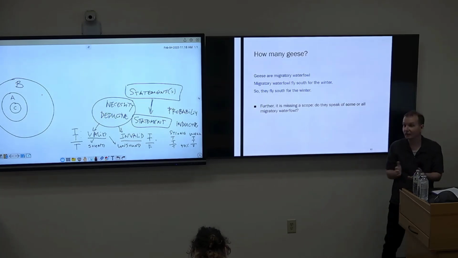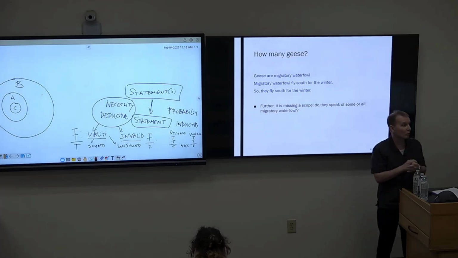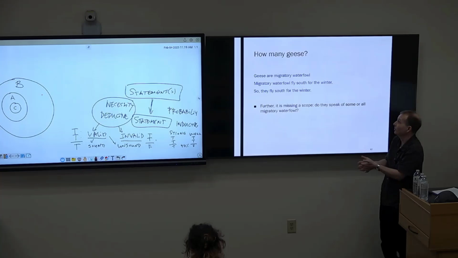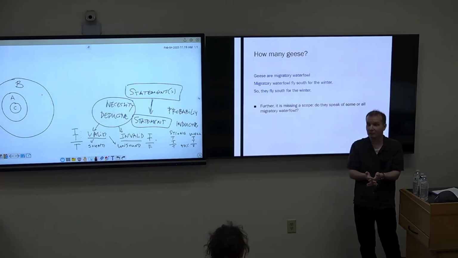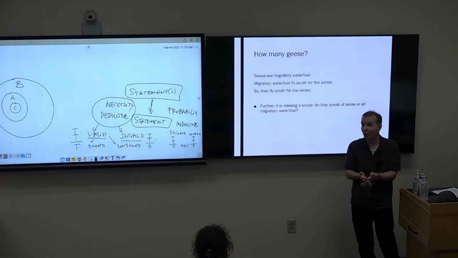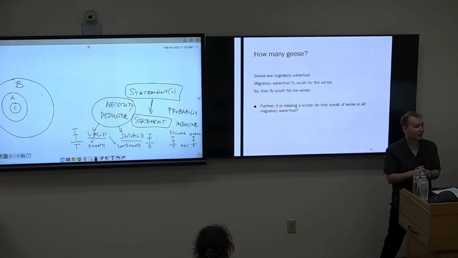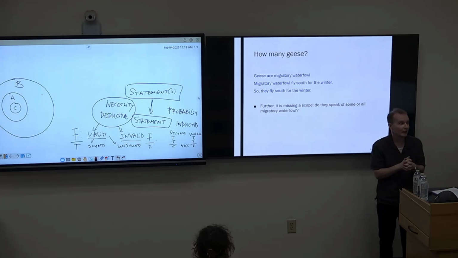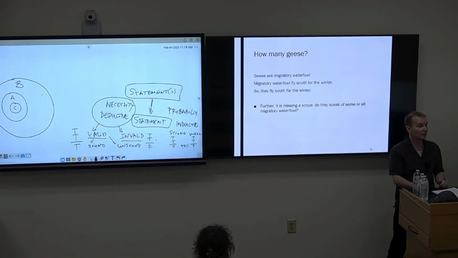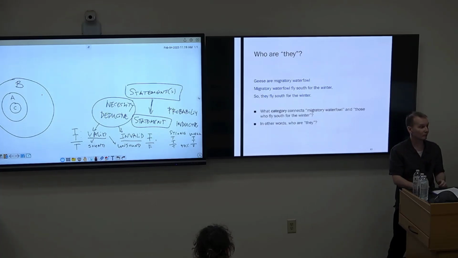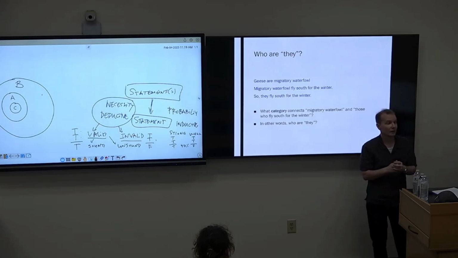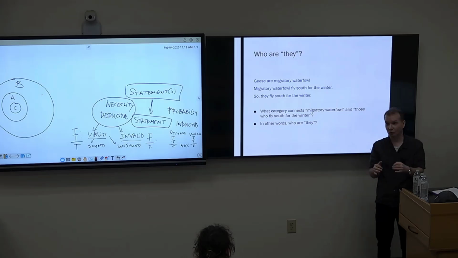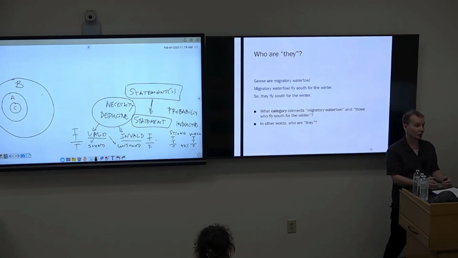Now, a couple of other things you may immediately notice. One more thing is missing. How many geese are they talking about? A couple of them? Five of them? All of them, clearly. They're talking about all geese, all migratory waterfowl. So in this case, that would have to be changed. Then migratory waterfowl is a category. But how does it relate to geese?